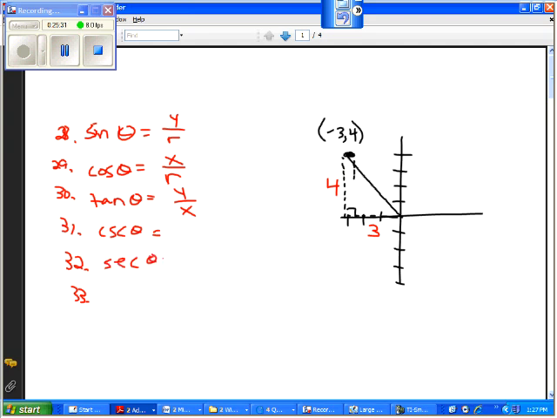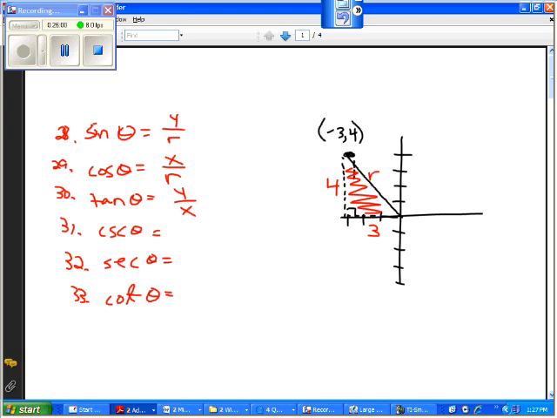Secant as being the reciprocal of whatever cosine comes out to be. And cotangent being the reciprocal of whatever tangent comes out to be. So on this one, it's not special 30, 60, 45, 90 stuff. It's using the Pythagorean theorem. Remember, what we have created here is a right triangle.